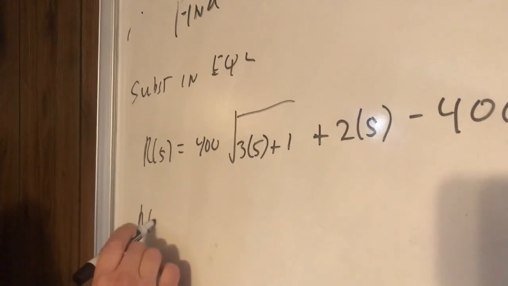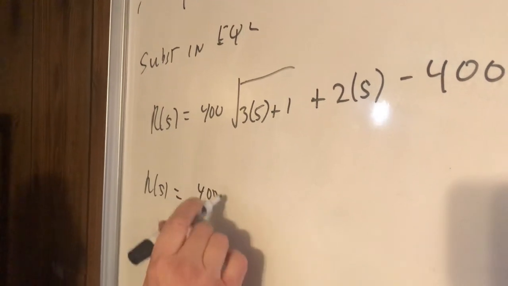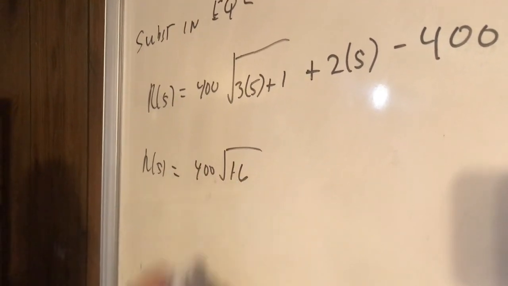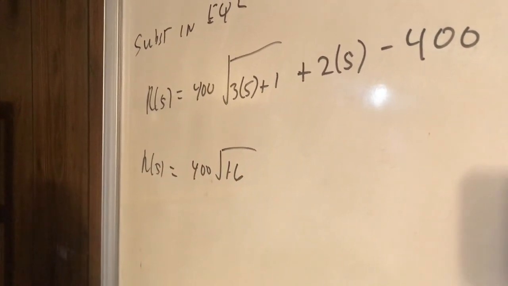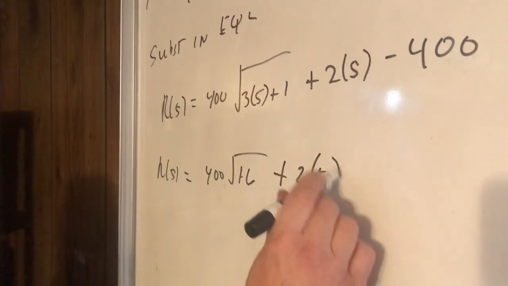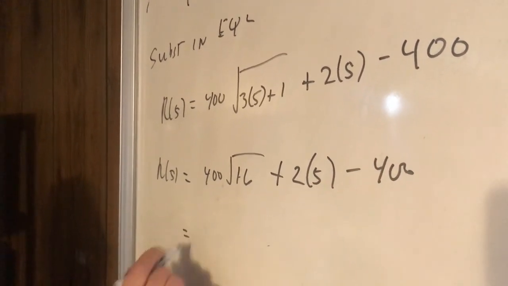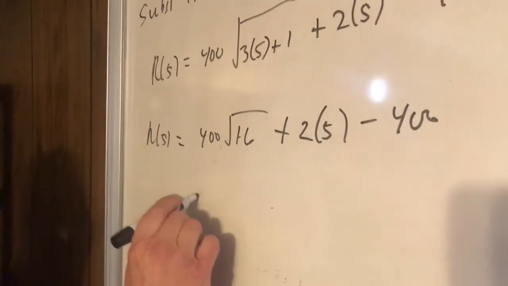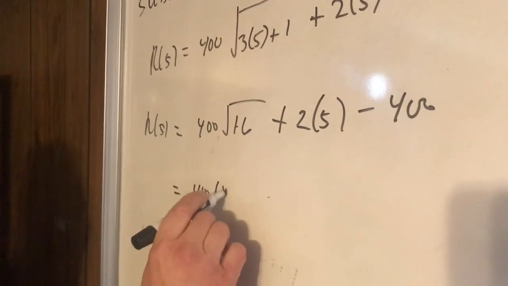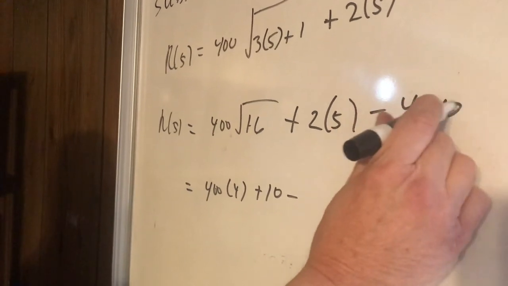So what is R of 5? It's 400 times the square root of 16. Amazing how that works, as if it was planned. Okay. So it's 400 times 4 plus 10 minus 400.